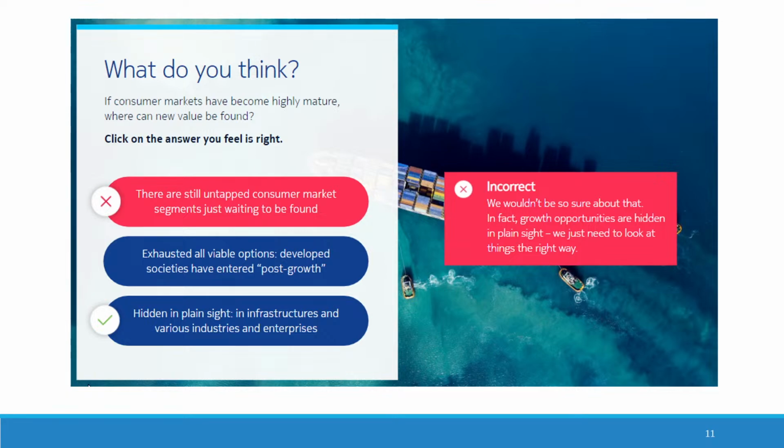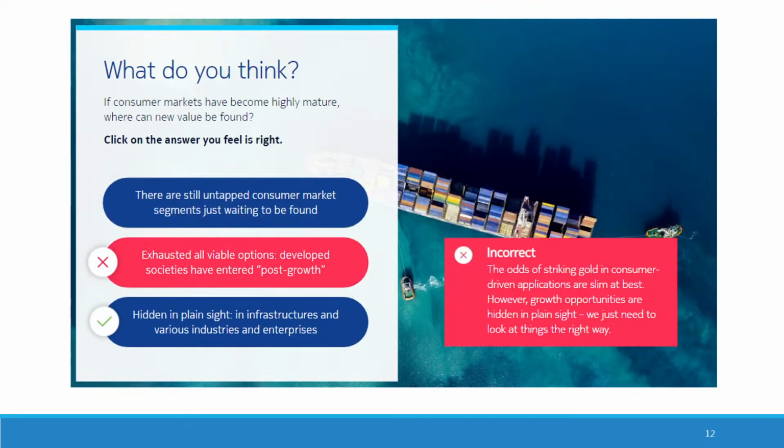The first one is not correct because we can't be so sure about that. In fact, growth opportunities are hidden in plain sight. We just need to look at things the right way. And the second one is not correct also.